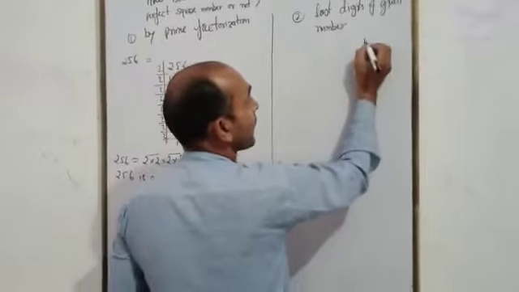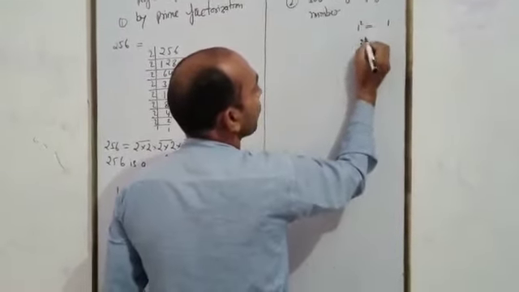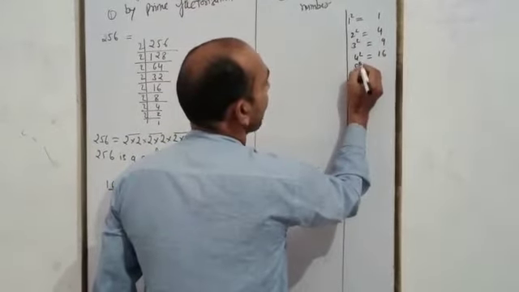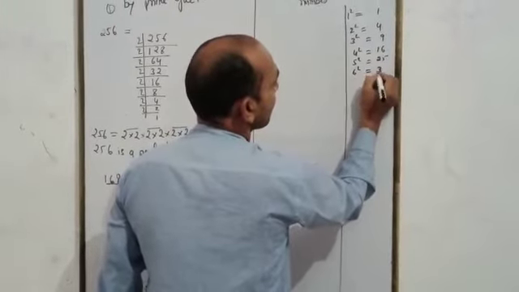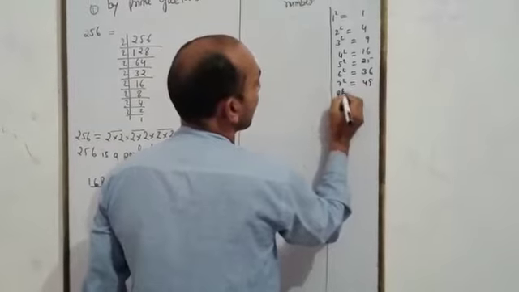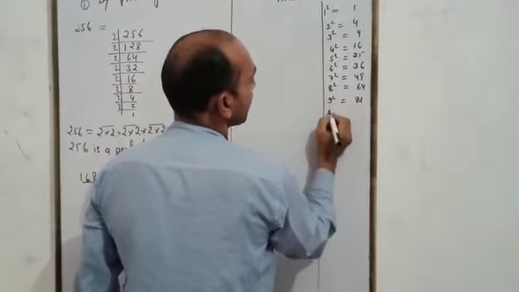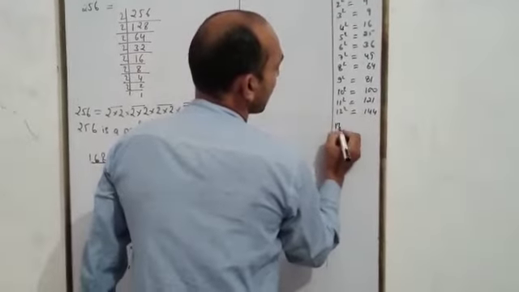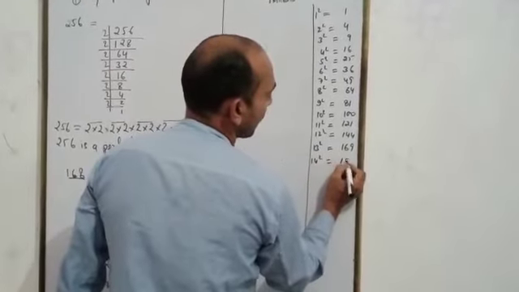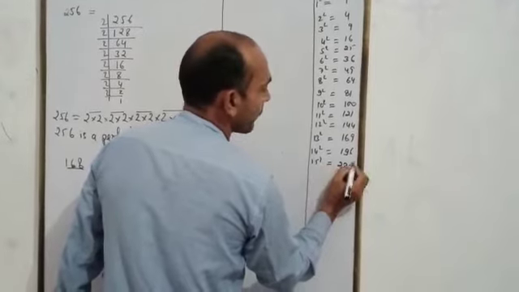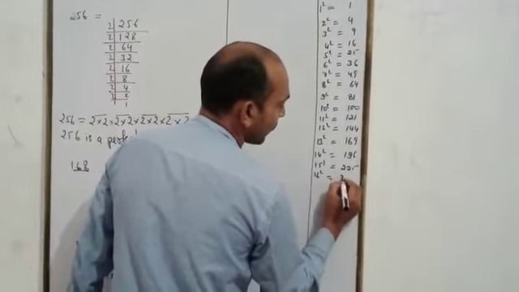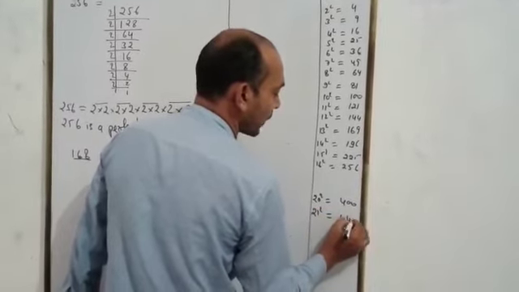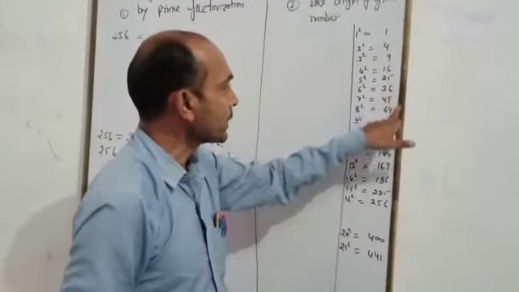For that we know the squares: square of 1 is 1, of 2 is 4, of 3 is 9, of 4 is 16, of 5 is 25, of 6 is 36, of 7 is 49, of 8 is 64, of 9 is 81, of 10 is 100, of 11 is 121, of 12 is 144, of 13 is 169, of 14 is 196, of 15 is 225, of 16 is 256, of 20 is 400, of 21 is 441. These are the perfect square numbers.